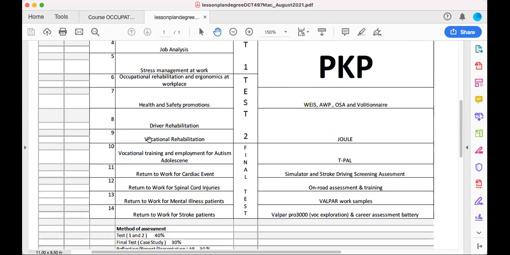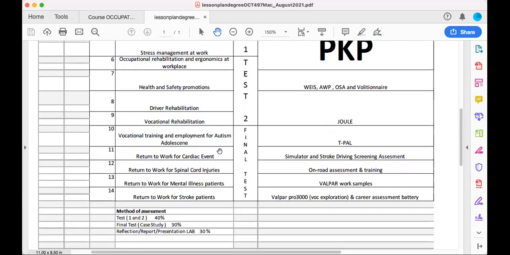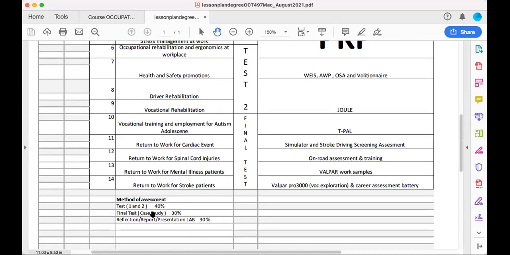And then the final test will be on case studies. I will highlight the case studies to you all, probably 2 or 3 case studies. The case study cumulative is 30%, and tests 1 and 2 consist of 40%.